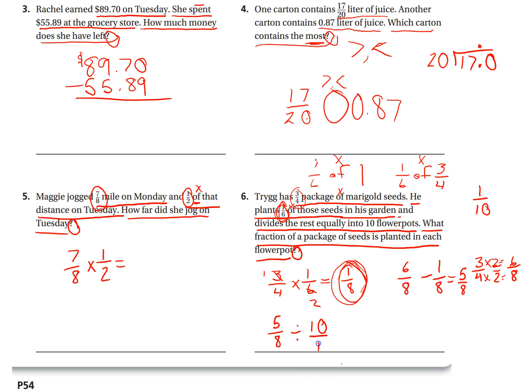Then I said, okay, that can be changed to 10 over 1, and now I'm back to my copy, change, flip. Cross simplify, 5 goes into 5 one time, 5 goes into 10 two times. 1 times 1 is 1, 8 times 2 is 16. And now look, I'm much closer to my estimate. I said, okay, now I'm good, I got it.